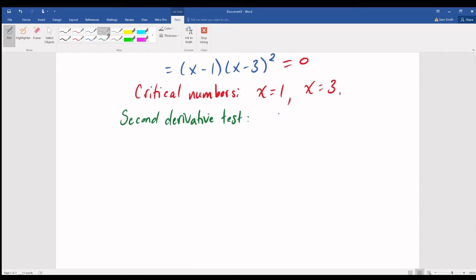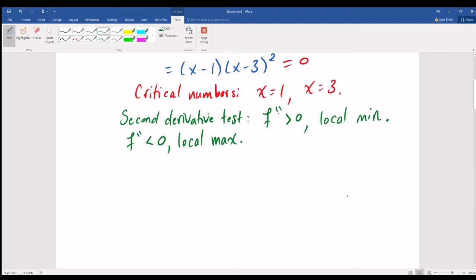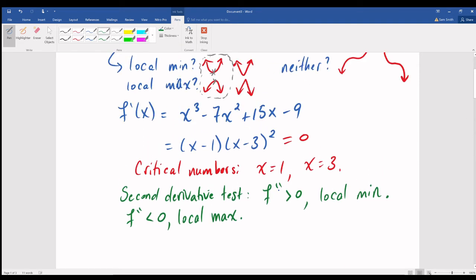So the second derivative test says, hey, if your second derivative is positive, so that your function is concave up, your critical point corresponds to the bottom of a valley, then it corresponds to a local minimum. If your function is concave down, and your graph resembles a parabola opening down, your critical number corresponds to a local max. So let's go ahead and try the second derivative test on this function and its critical numbers.